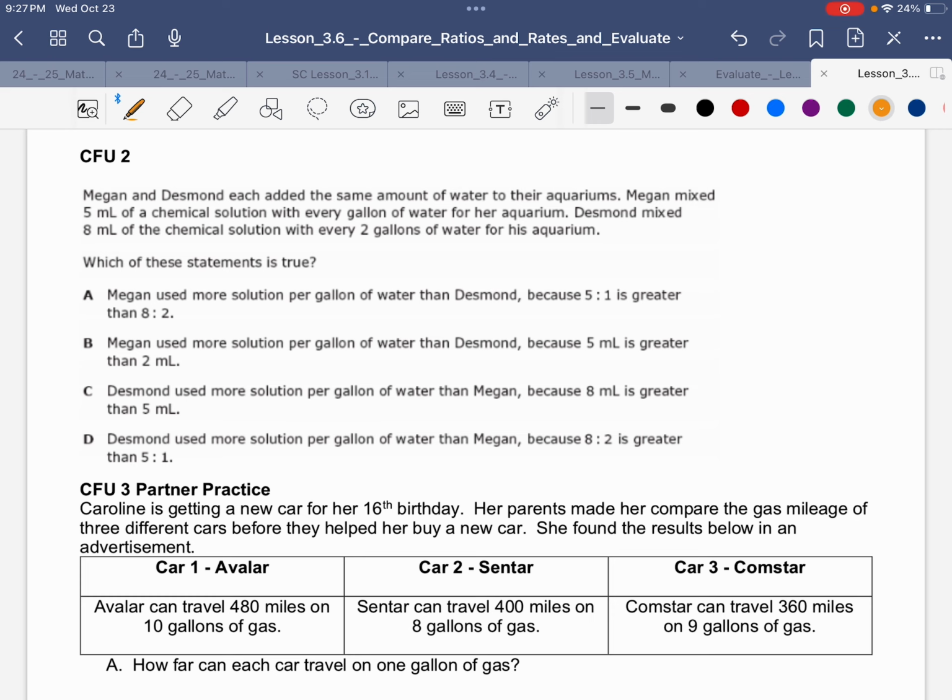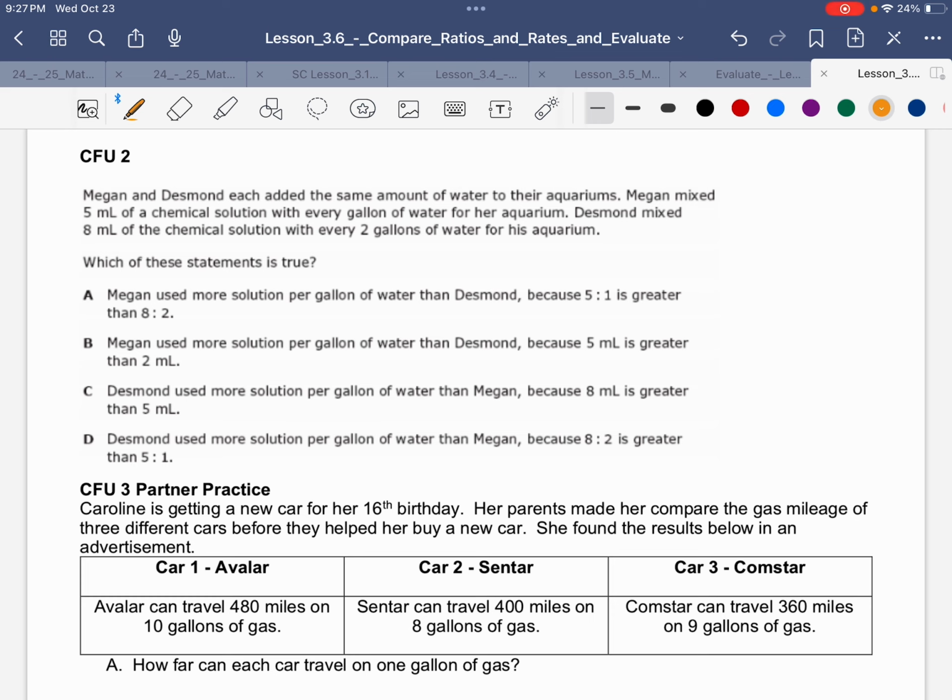Megan used more solution per gallon of water than Desmond because 5 to 1 is greater than 8 to 2. Okay. Megan used more solution per gallon of water than Desmond because 5 milliliters is greater than 2 milliliters. And then we have some more: because 8 milliliters is greater than 5 milliliters. And then you have because 8 to 2 is greater than.